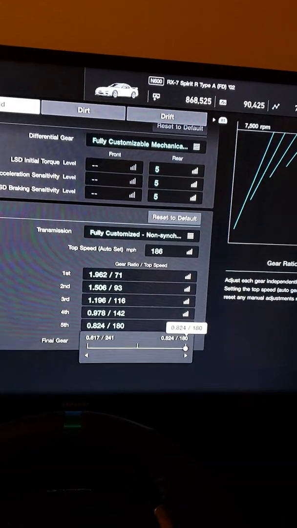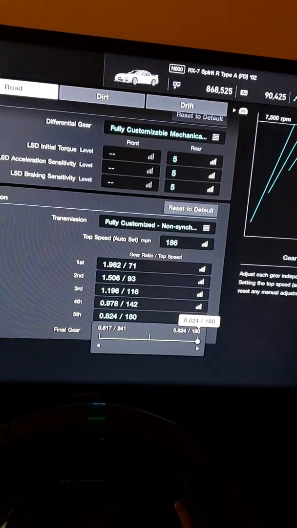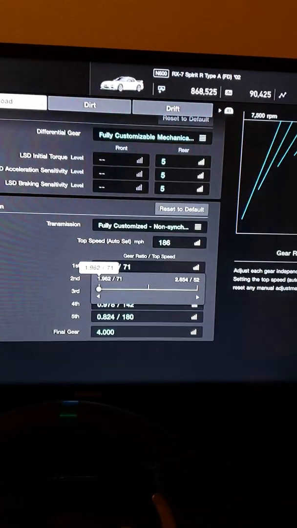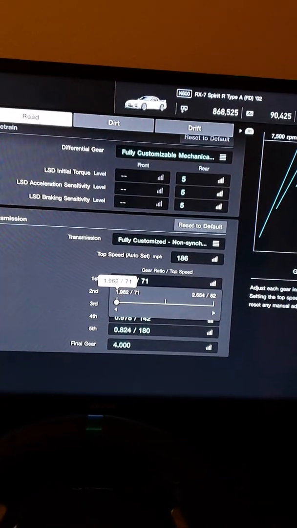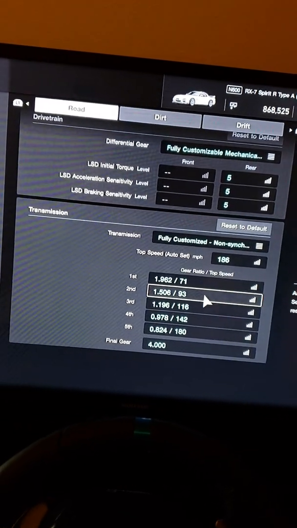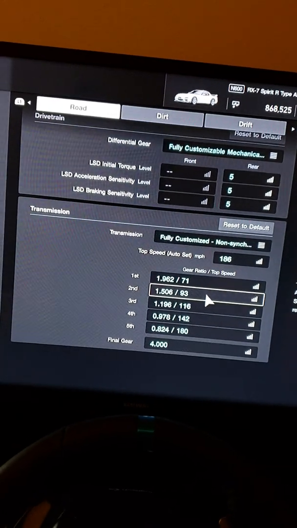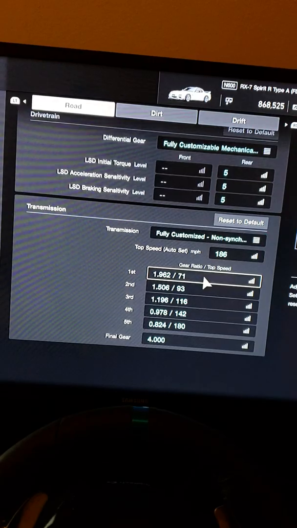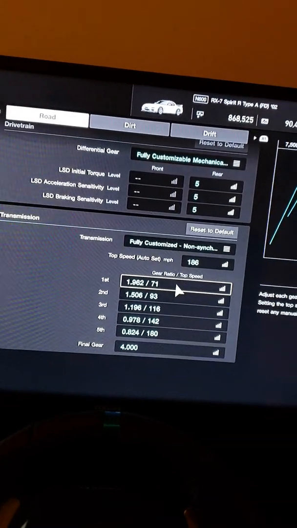There are other factors, like if your car has a turbocharger, obviously you might not want your first gear to be this long, because when shifting to second gear and stuff like that, the turbo might not kick in until I don't know how many RPM range the turbo kicks in.